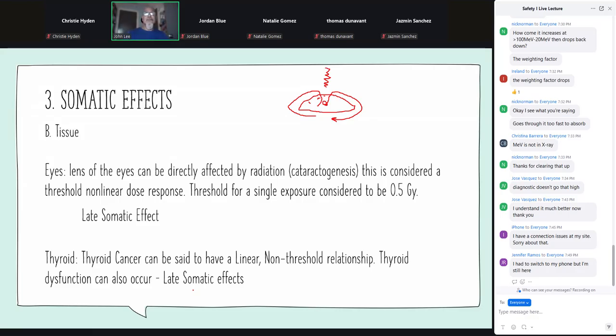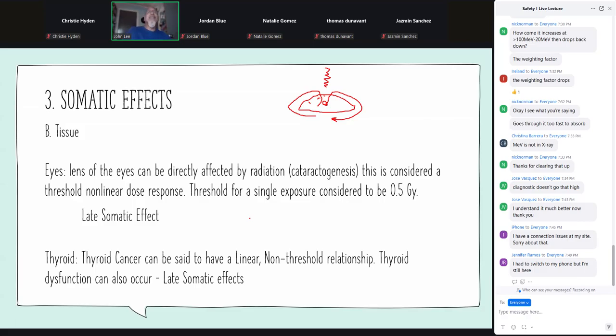My ex-wife worked in a room that had a radiation leak. It wasn't discovered for a while, but she did a lot of the fluoro in that room. She worked in that room several years, actually at least a decade and a half.